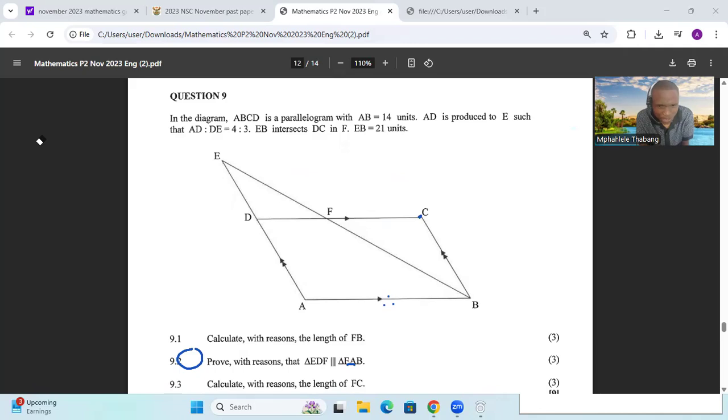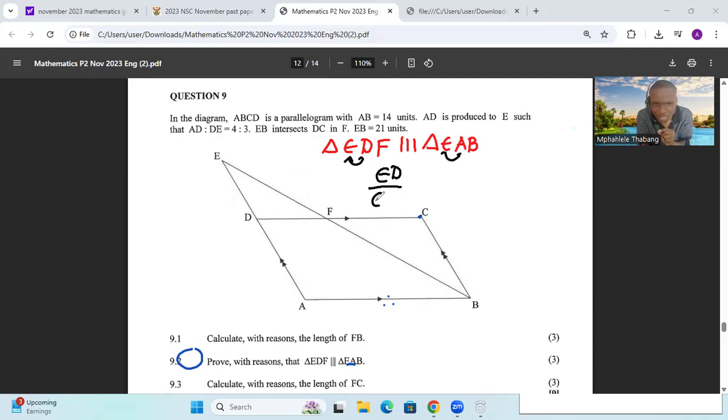I'm going to say, okay, on 9.2, I have proven that EDF is similar to EAB. This is proven on 9.2. Now I'm going to do this. I'm going to say ED, I'm picking ED here, over, then I will pick EA on this side.